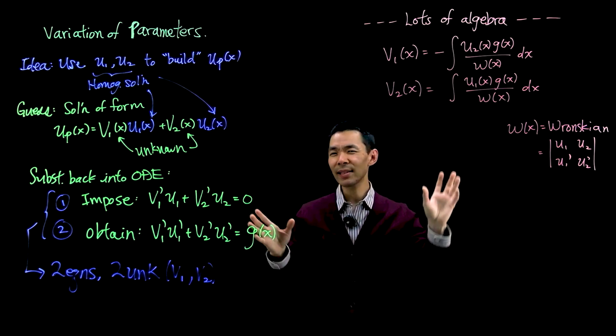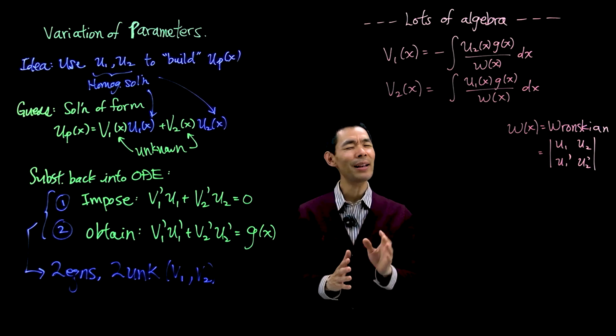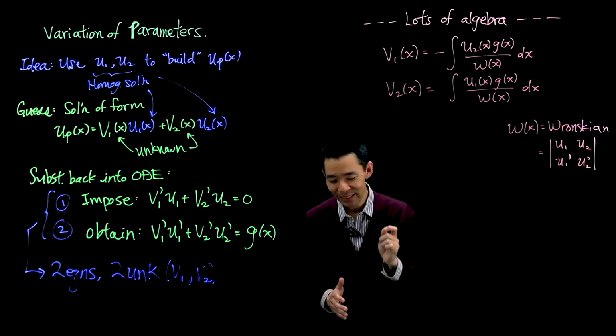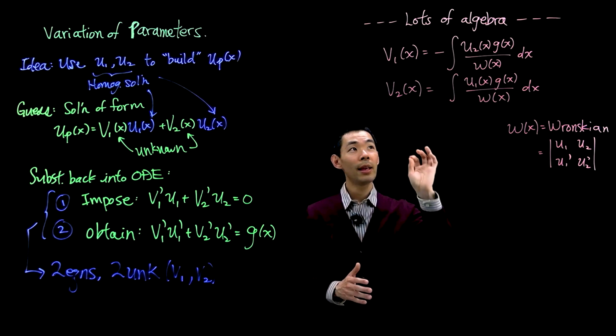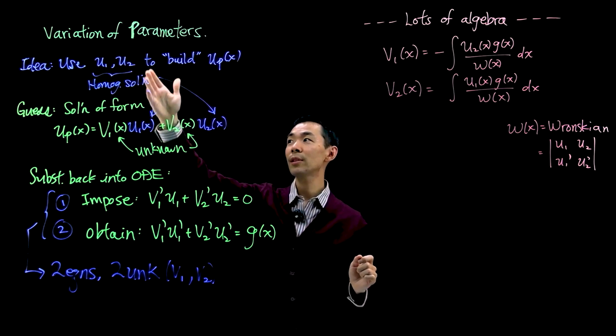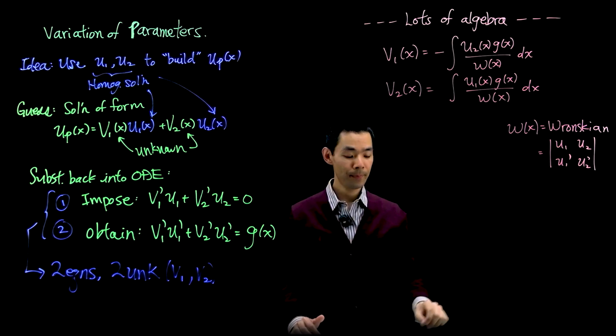So as I said, it's more complicated than method of undetermined coefficients, but the nice thing about variation of parameters is that it is guaranteed to work. It always works because, think about it, you obtained your homogeneous solutions u1, u2. You know what u1, u2 are.